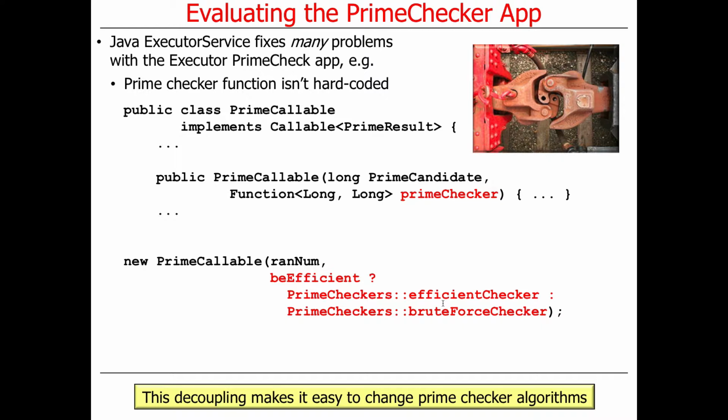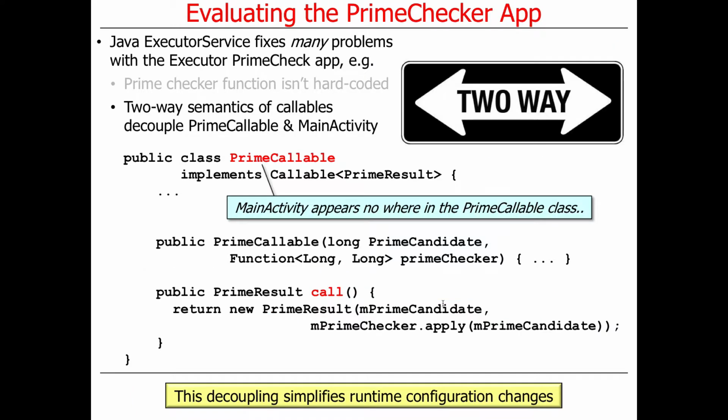If we want to use the brute force checker, we could do that. And there might be reasons for having 4 or 5 different types of prime number checkers for different reasons. And this way, we can just pass them in as parameters, which can be parameterized based on user preference or phase of the moon or whatever we want to use to control how it works. So this is basically a loosely coupled way of writing the software as opposed to a tightly coupled way.